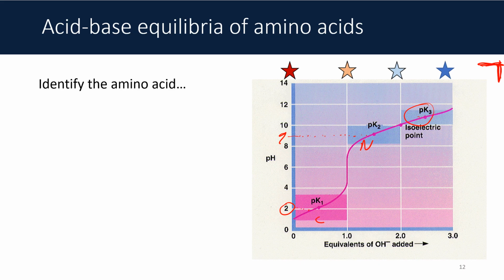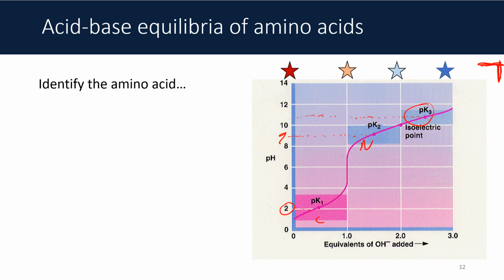If we move across and find its pKa value, it looks to be somewhere between 10 and 11. And this is why it's important to have your amino acid sidechain pKa's memorized, because that is all you need to identify it from here on out.